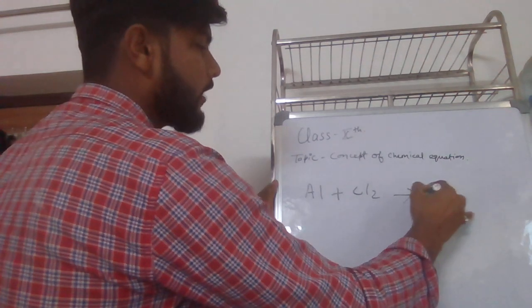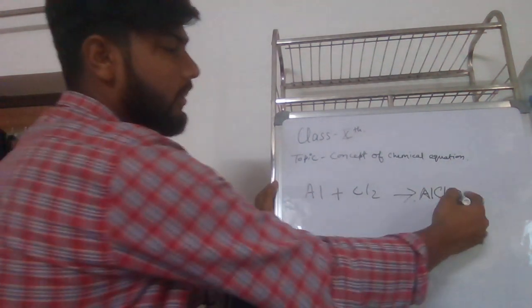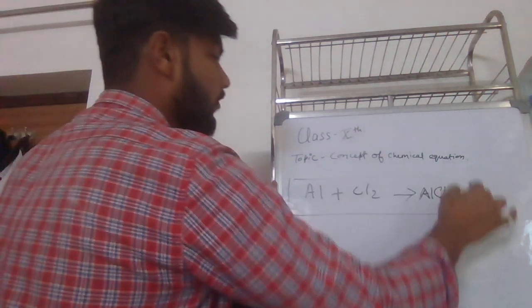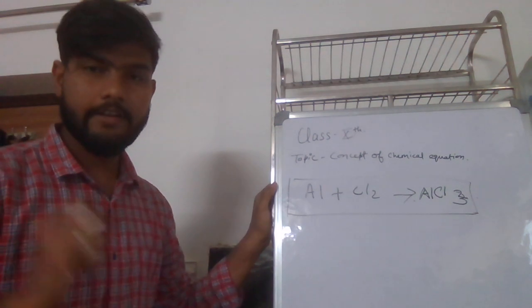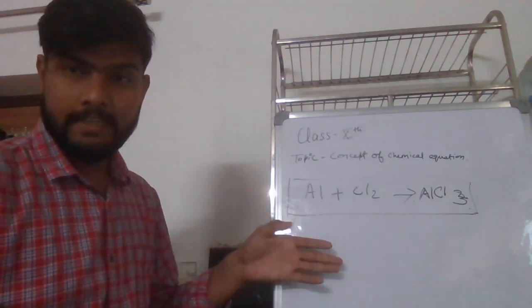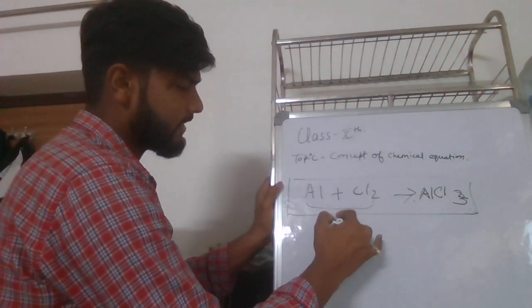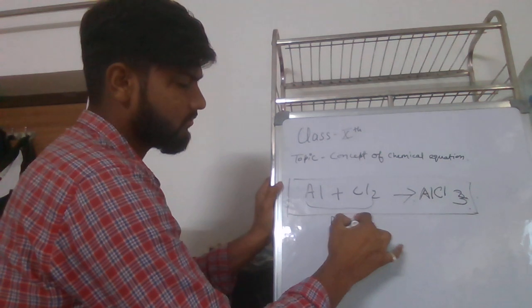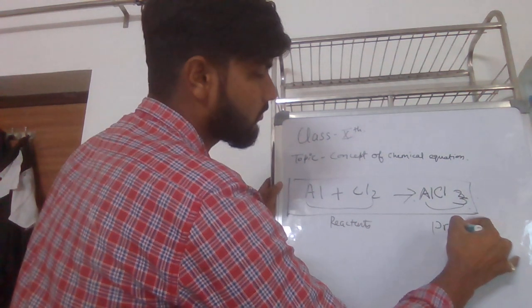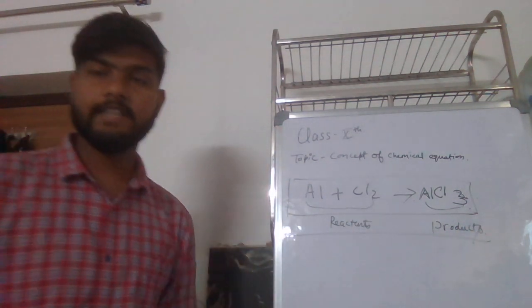The product will be AlCl3. This is the chemical equation. This is an example. We consider this side as the reactants and this as the product. I hope everyone is clear till now.